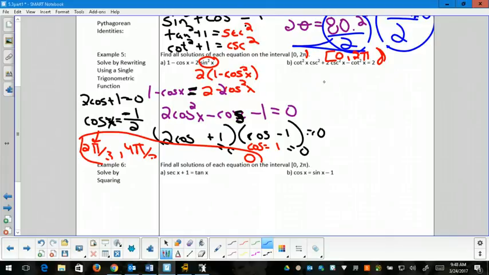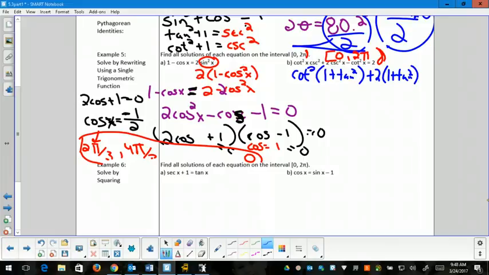So we have cotangent squared times 1 plus cotangent squared. Is that right? No, it's 1 plus. Cosecant squared equals 1 plus tangent squared, yep. And then we have plus 2 times 1 plus tangent squared.